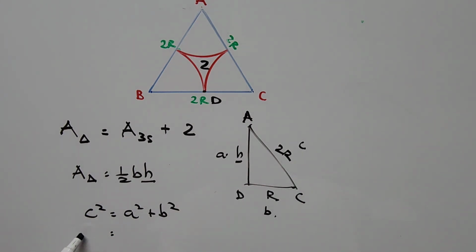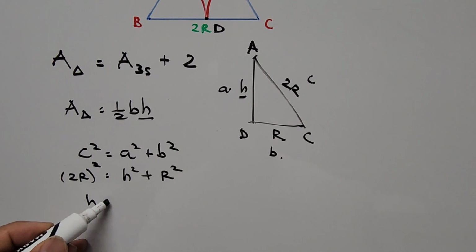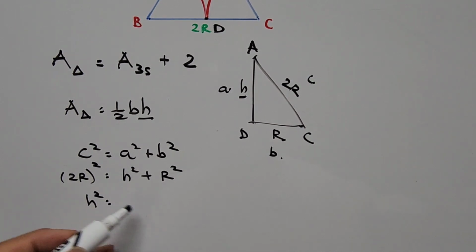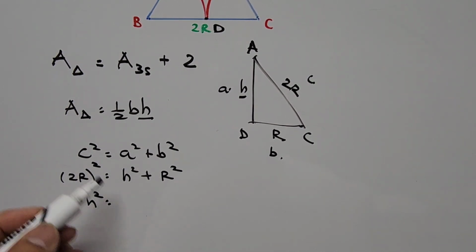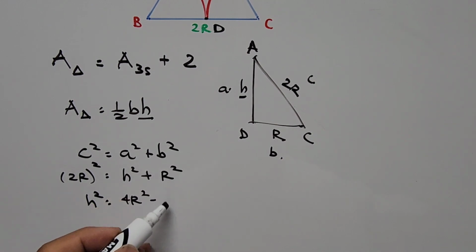So we have 2r squared, and a squared is height squared, plus b squared as the base. b squared is r squared. So we have height squared is equal to (2r) squared, so that's 4r squared minus r squared.